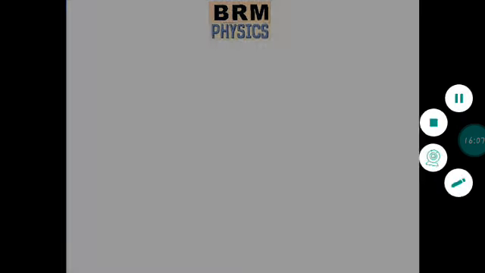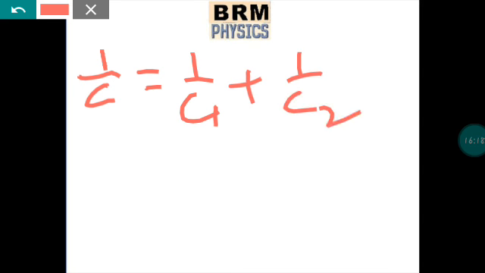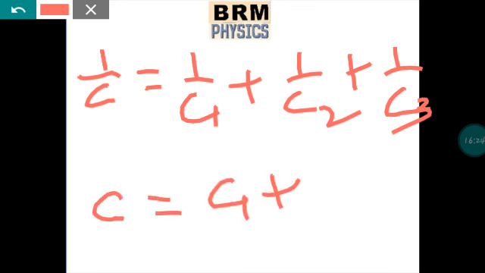So we have discussed two types of combinations here: one is the parallel connection and one is the series connection. For the series connection we have seen 1 upon C is equal to 1 upon C1 plus 1 upon C2 plus 1 upon C3. And for the parallel connection it is C is equal to C1 plus C2 plus C3.